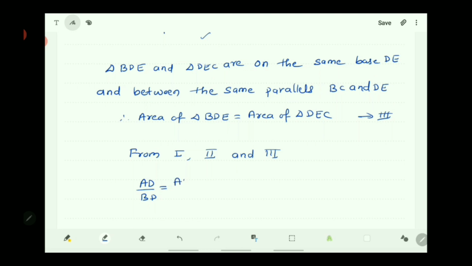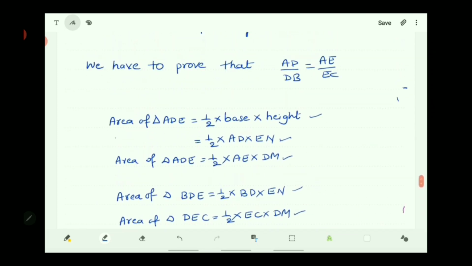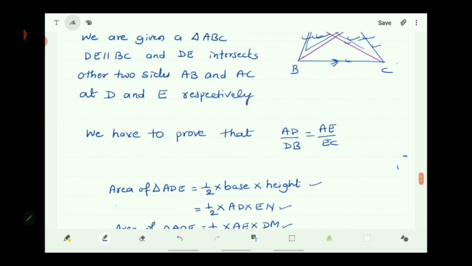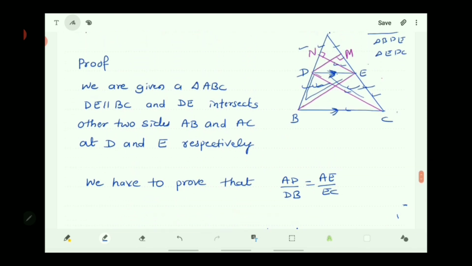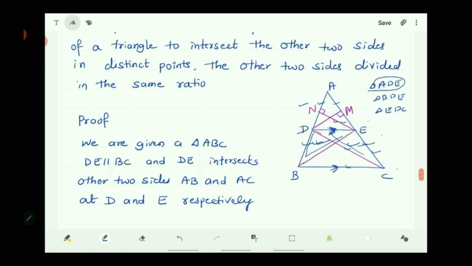AD by BD is equal to AE by EC. So here, DE parallel to BC, we have proved that AD by DB is equal to AE by EC.